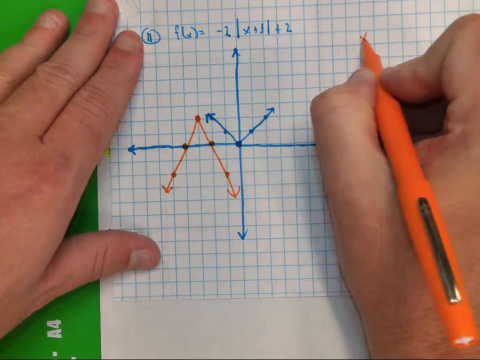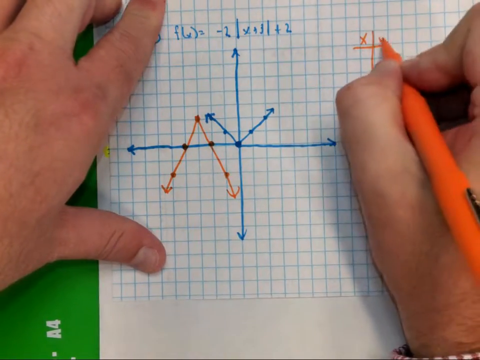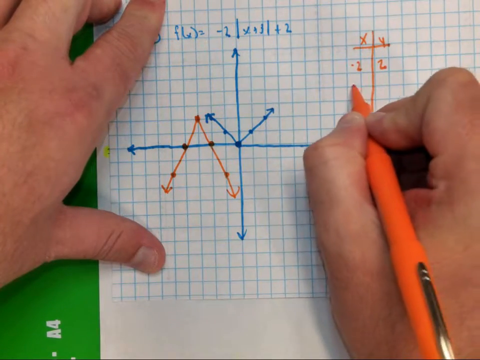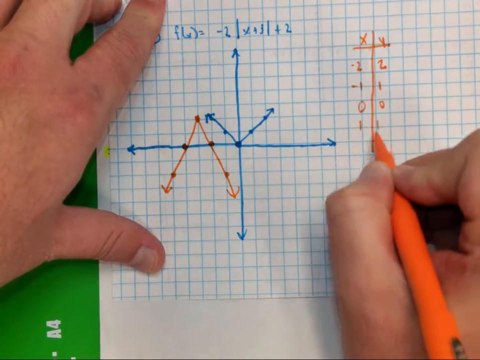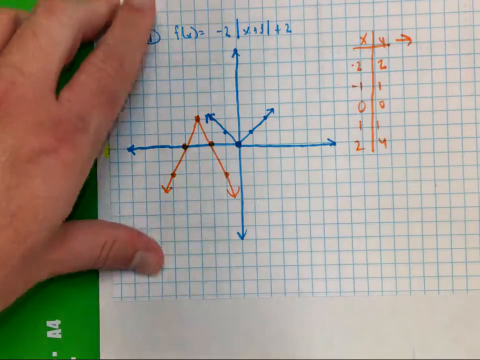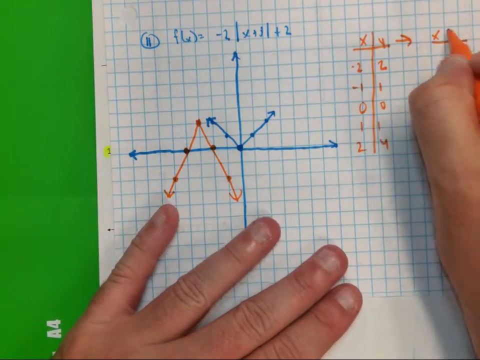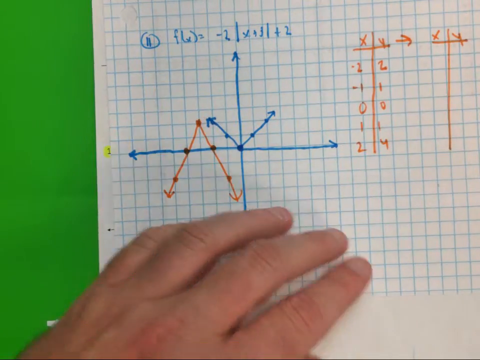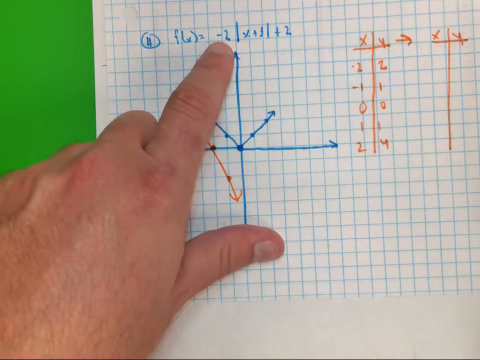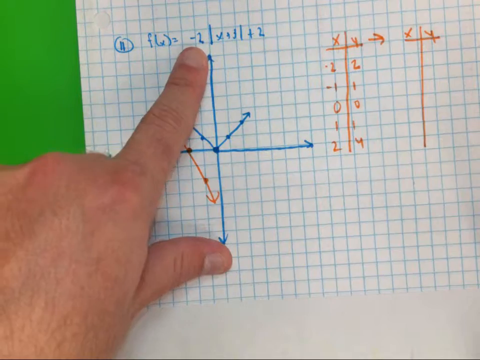Alright, so here we go. Let's do the table. First thing I'm going to do is multiply my y-coordinates by what? Negative 2.